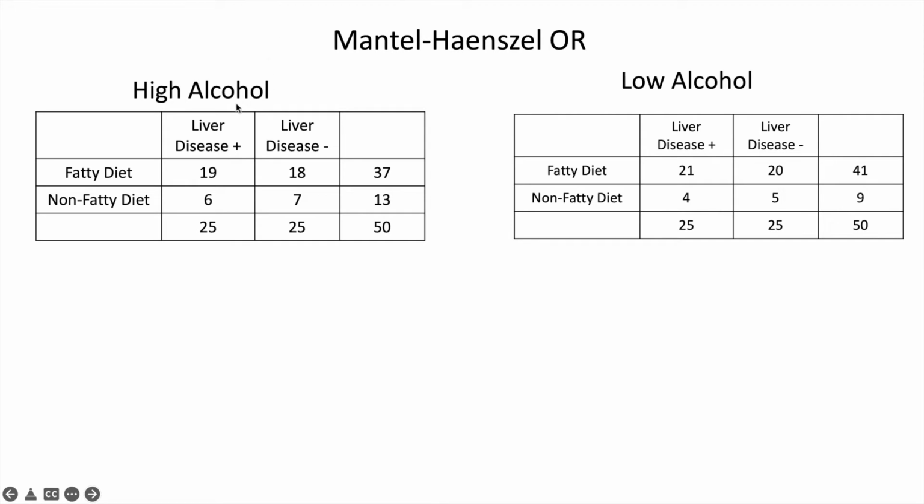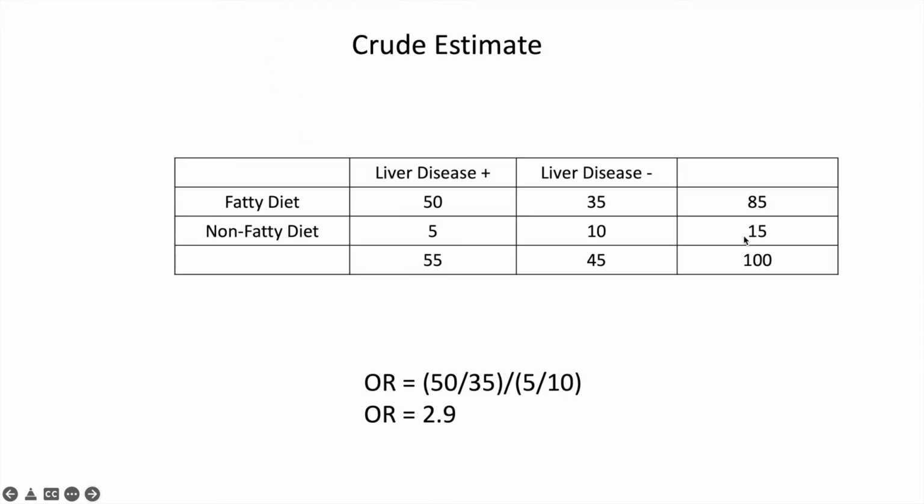We can also stratify by alcohol intake. You'll notice there were 100 individuals in the crude estimate, and if we know that 50 of them consume high alcohol and 50 of them consume low alcohol, right now those individuals are scattered throughout this table.